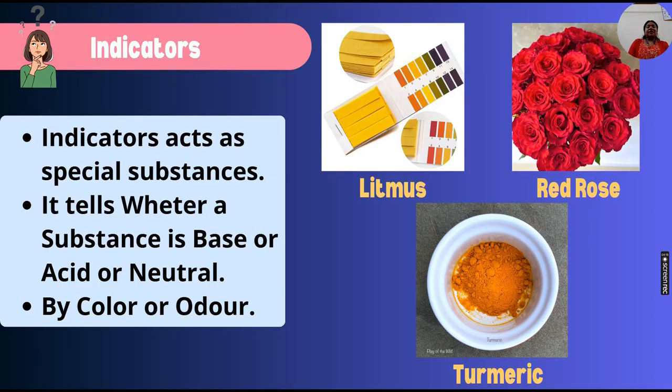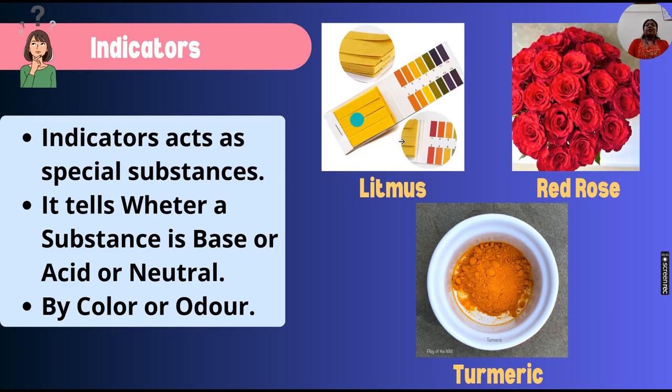Here is an indicator. If there is no pH paper present, then how will you understand whether the solution is basic or acidic? Here the function of an indicator comes in. An indicator helps us distinguish between acidic, basic or neutral substances without the help of pH paper.